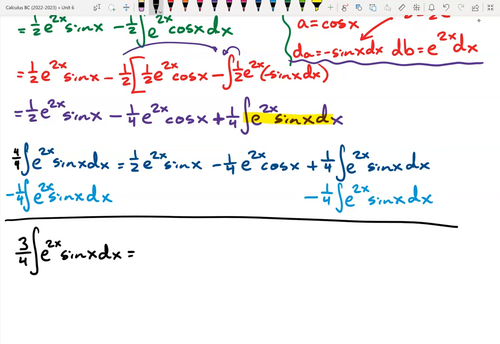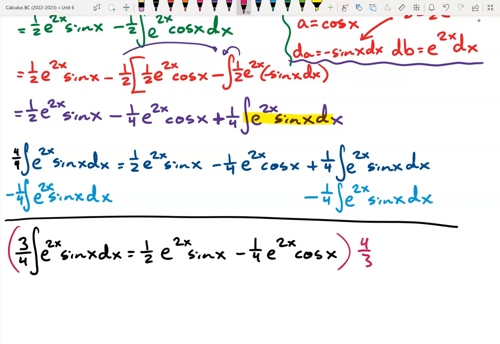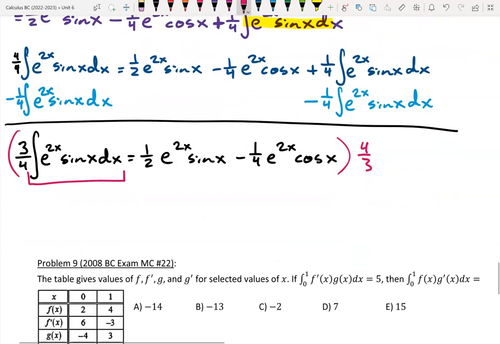equal to what I had remaining. So 1/2 e to the 2x sine of x minus 1/4 e to the 2x cosine of x. And then all we need to do is multiply everything by the reciprocal, 4/3, to get this integral by itself.